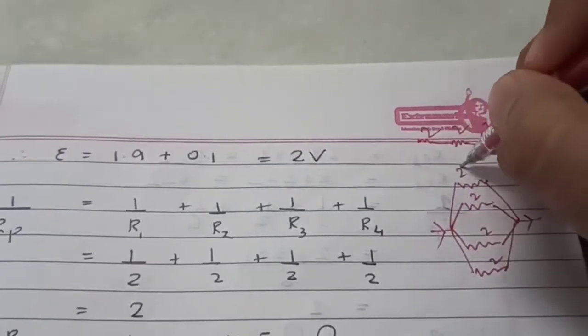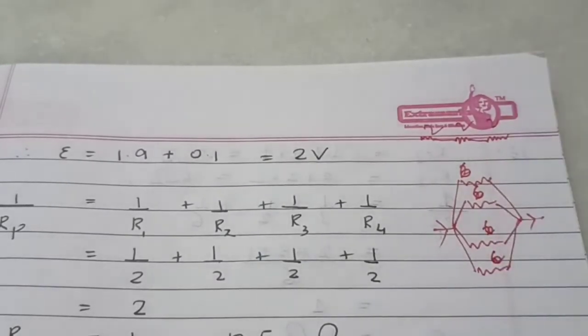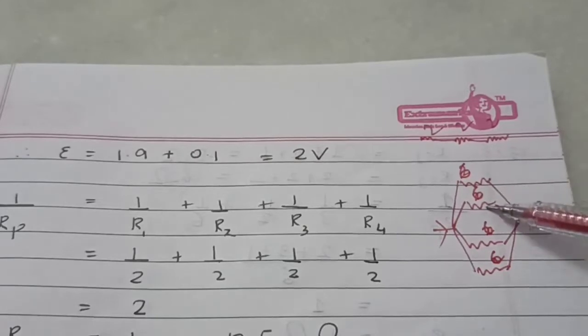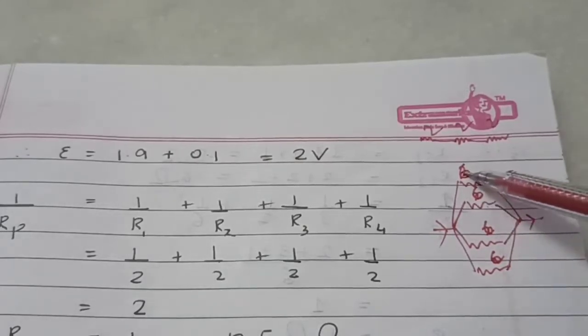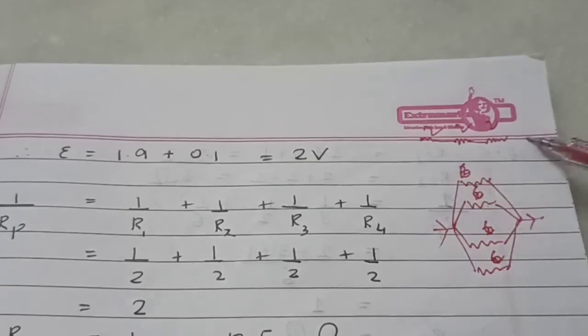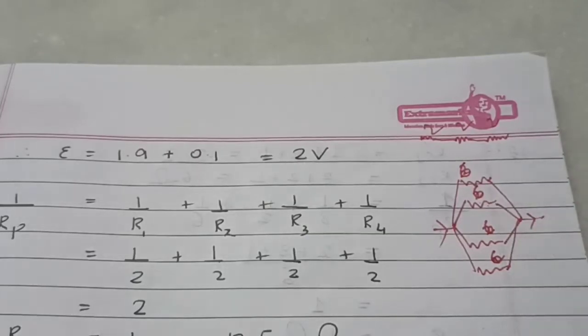And this way I have such 6 ohm combinations in parallel. So totally there are 3, 6 and 12 resistances, although I have not shown all 12. This 6 represents a combination of 3 resistors. This is also combination of 3, combination of 3, combination of 3. So you can draw such a diagram for your reference.